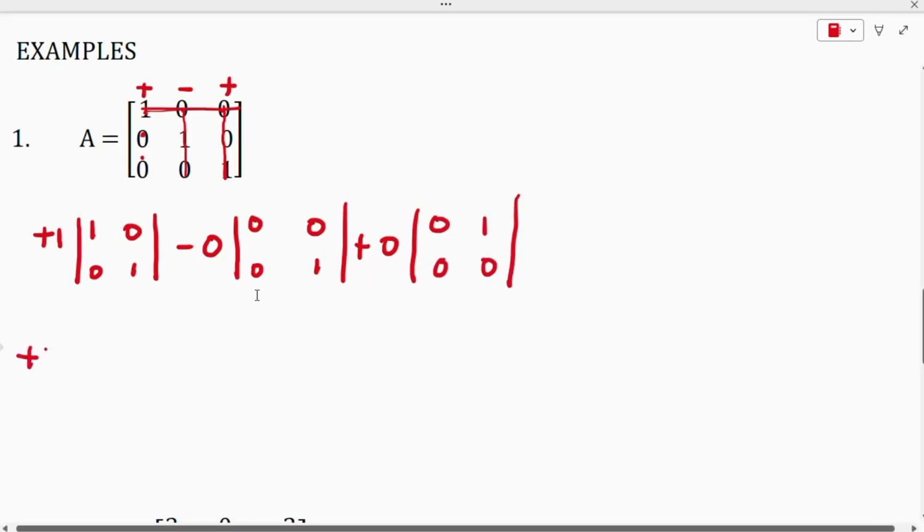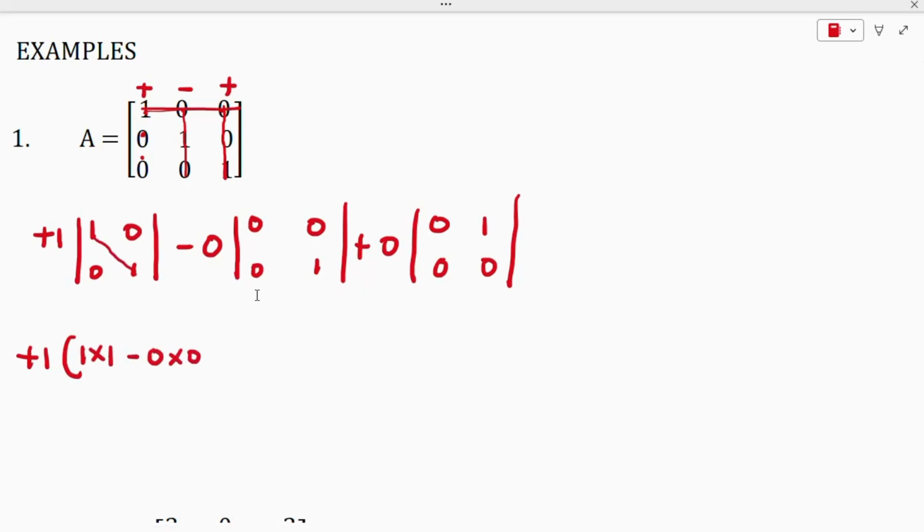So we have plus 1 multiply 1 times 1 minus 0 times 0, minus 0 into 0 times 1 minus 0 times 0, plus 0 into 0 times 0 minus 1 times 0.